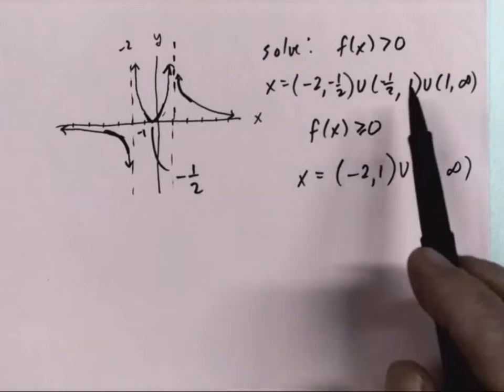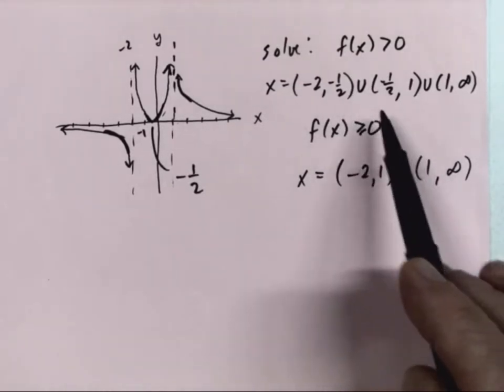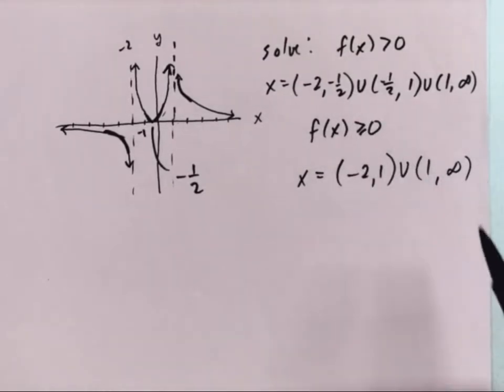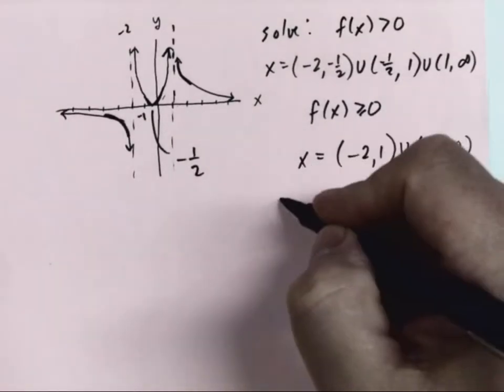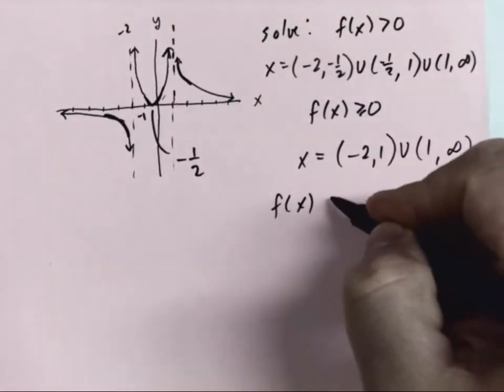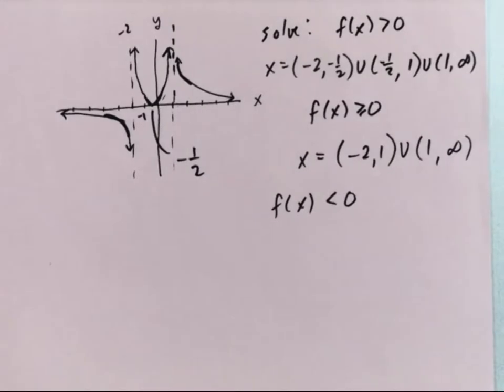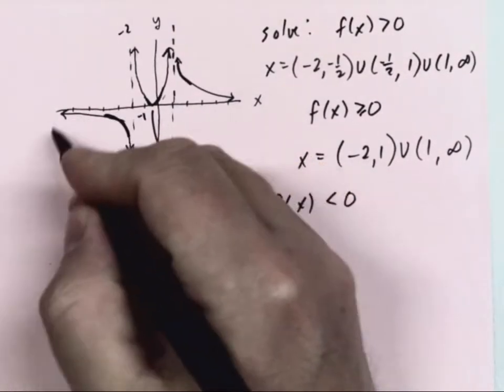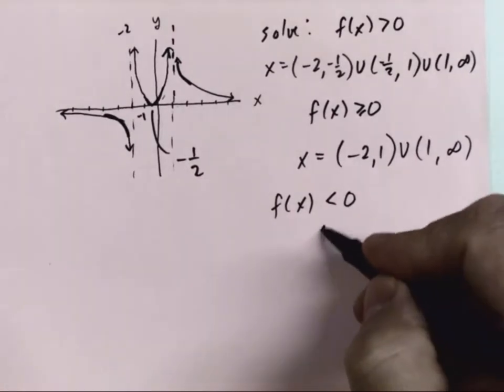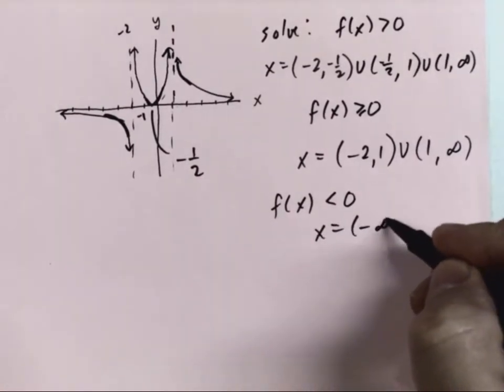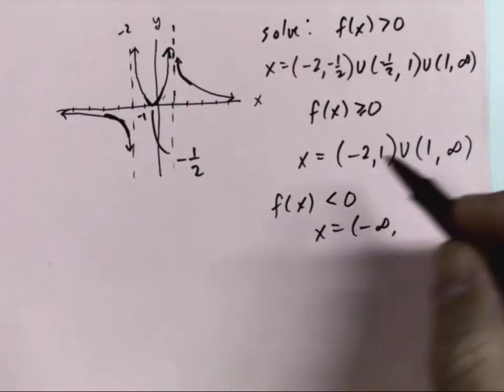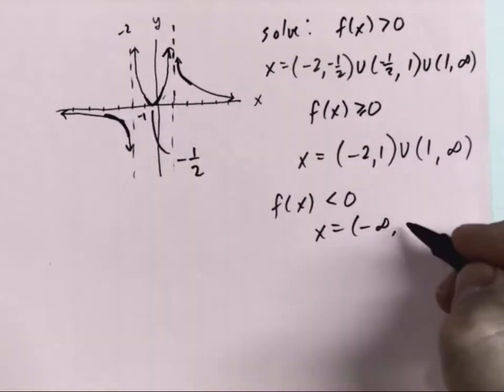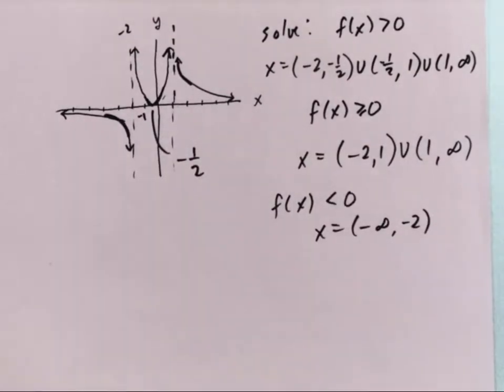Hopefully you all see the difference here. And then just to finish this out, if they say, okay, where's the function negative? There's only one part of the graph where it's negative. It starts at negative infinity and goes up to negative 2.